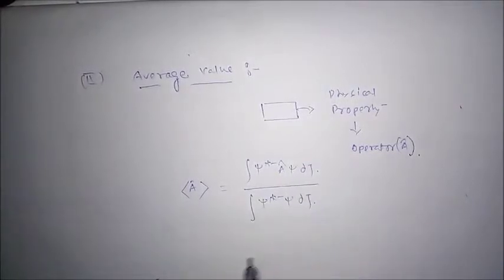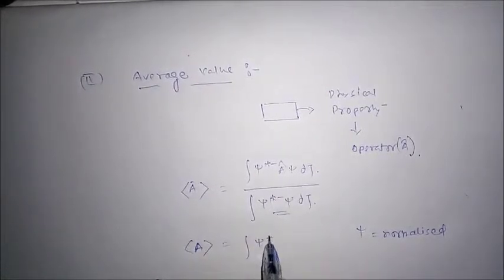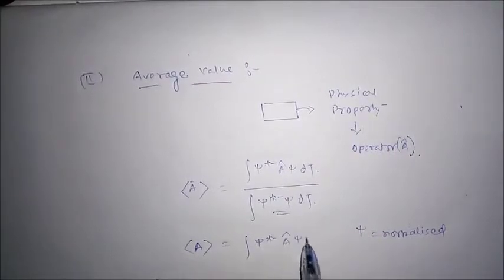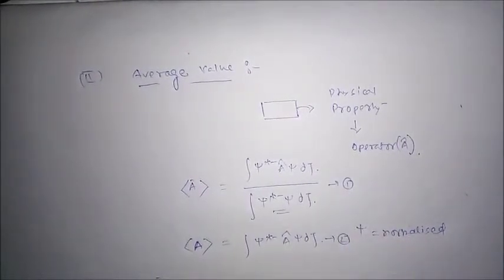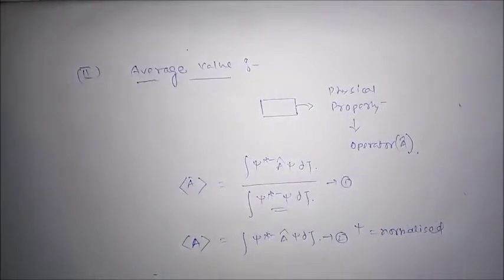When this wave function is normalized, then the denominator goes to 1, and the average value of the physical property will be integral of psi star A cap psi d tau. Okay, this is the expression of average value of a physical property in quantum mechanics.